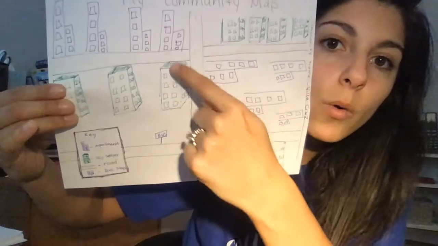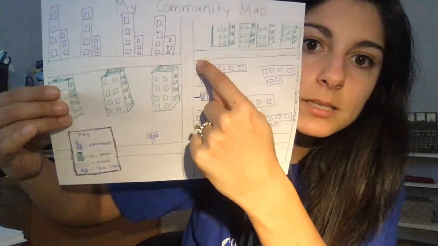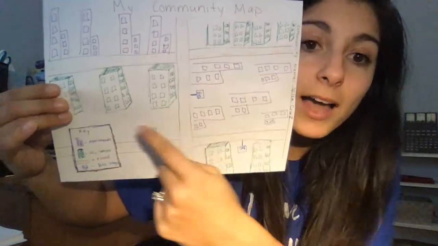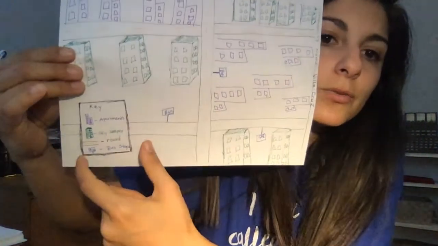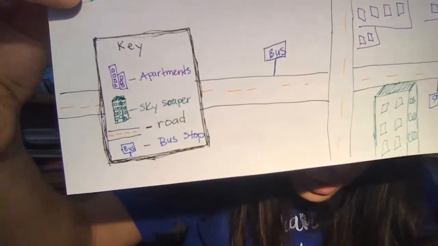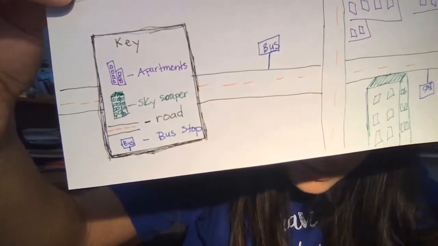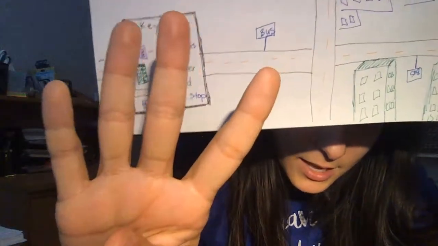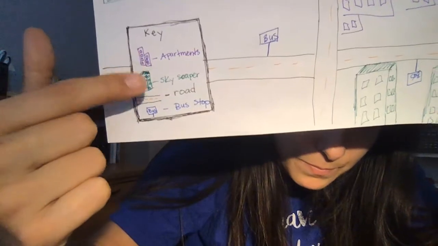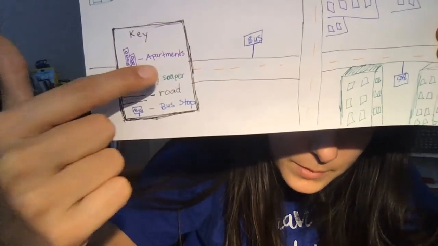Anytime someone looks at my map, they're going to know, what does this mean? What does this mean? What does this mean? Why? Because they'll see it here. So you need to work on your map key first. So go ahead and draw your map key and write the 4 things that you would find in your community and label them.